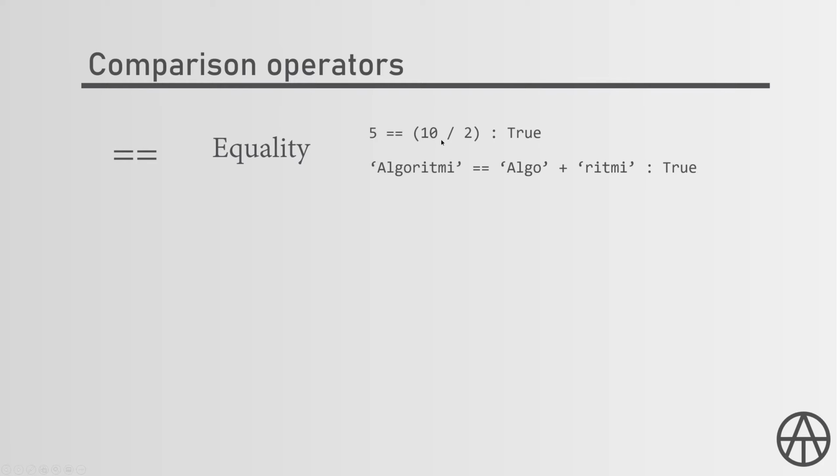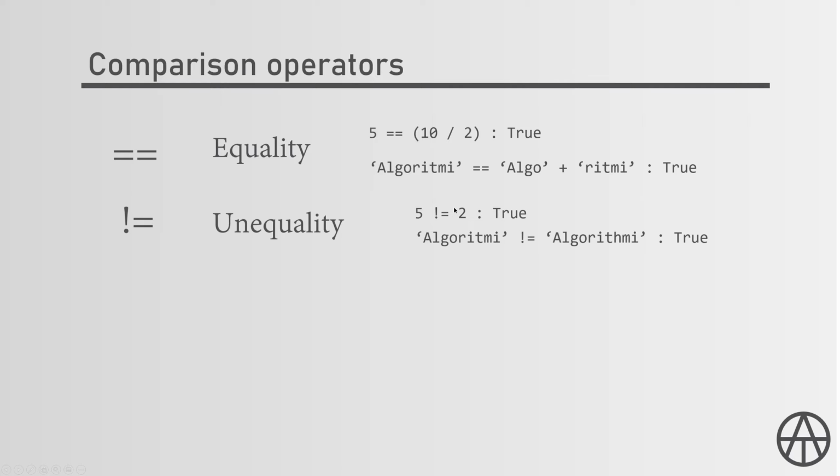And that, in fact, is equal to 5. It's going to check for their equality. And if they are equal, it's going to say true. And the equality check for algorithmy with algo and rhythmy is also going to be true, because algo plus rhythmy is going to result in algorithmy, which is the same string as algorithmy. So it's going to result in true as well.